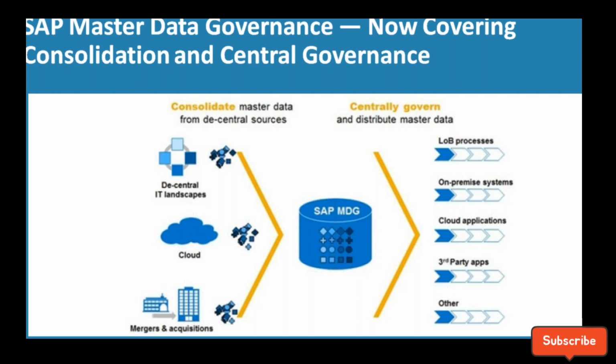So here in this particular diagram you can see the data which is coming from, let's say, a cloud system or a certain merger and acquisition, like different sorts of data like product information, customer information. In fact, whenever merger and acquisition comes into the picture, it is beyond material, beyond customer or beyond supplier.